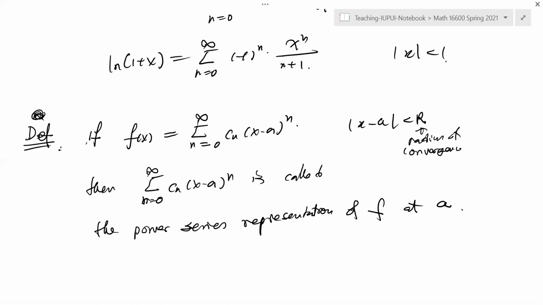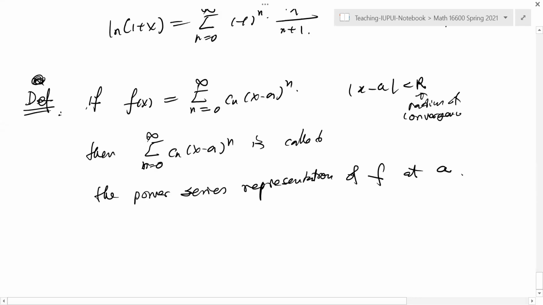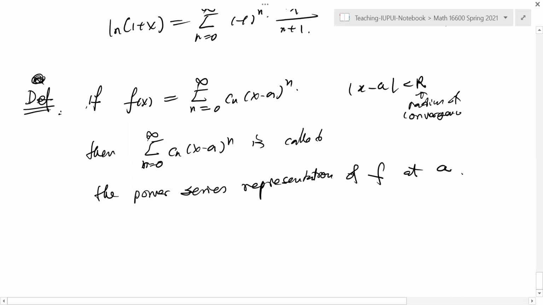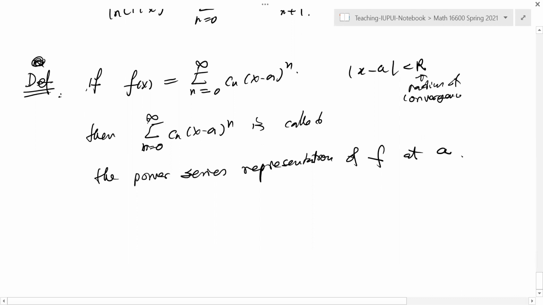And actually it's unique. You can prove the uniqueness if it exists. So given a function, sometimes you can find one, sometimes you can't. If the function is equal to this power series over the interval of convergence, then we say this power series is called the power series representation of the function.